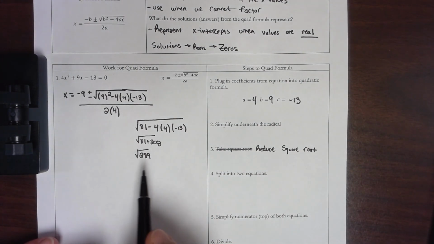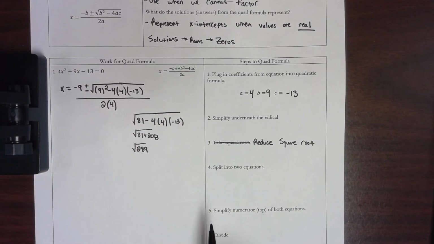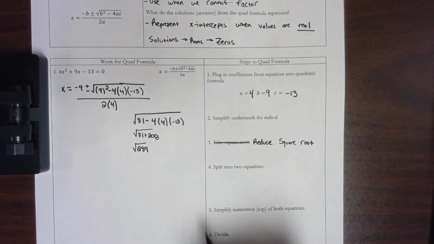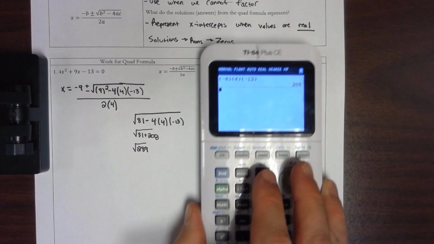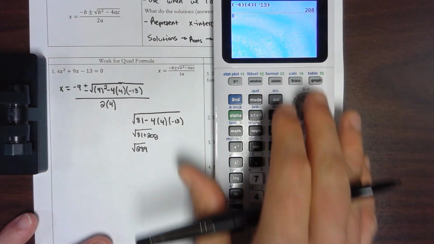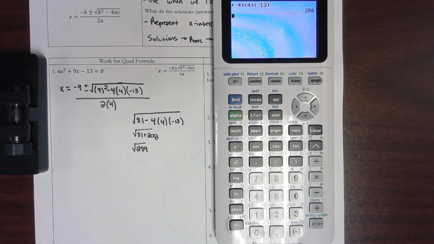And so what we need to do is think about, are there any perfect squares that divide the square root of 289? For some of you, you might need to list out every perfect square to be able to identify those. I've worked with square roots long enough that I have them memorized. So what I do is I'm going to take 289 and divide it by what would be the largest possible perfect square that would divide 289.